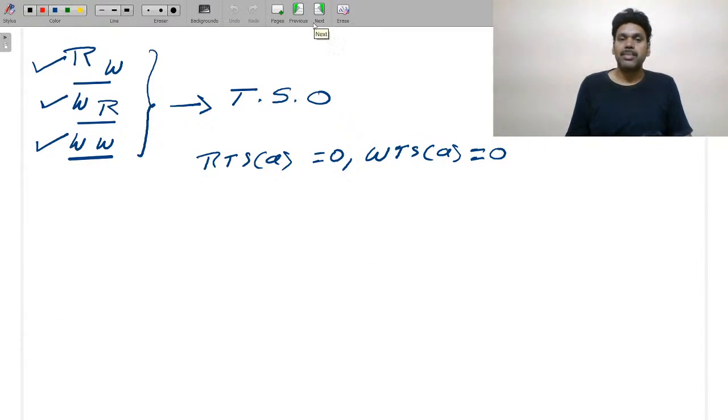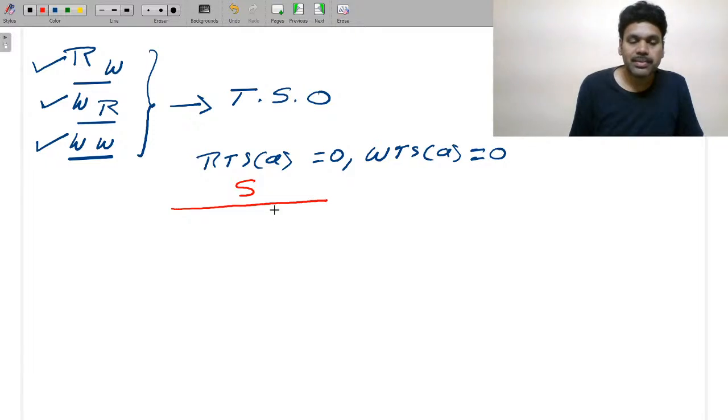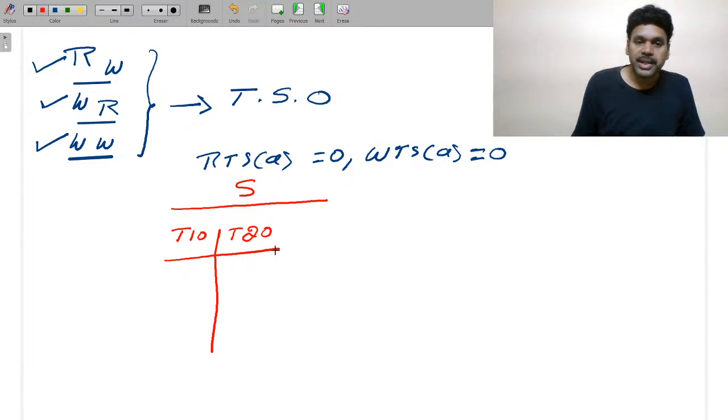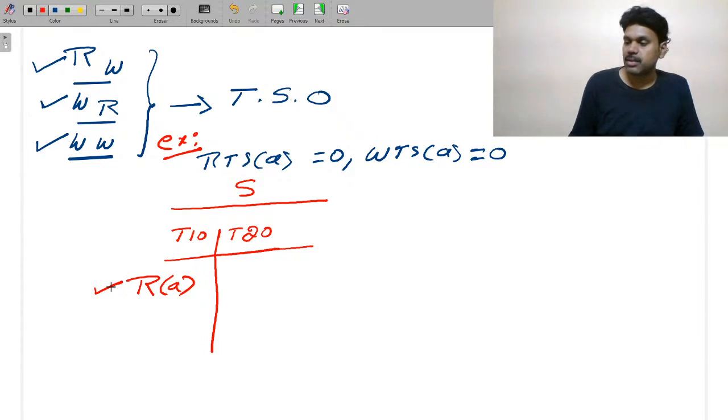Now look at this example. There is a schedule S which consists of T10 and T20. Observe, friends. In T10, I performed R of A. This is possible, right? So RTS becomes 10.